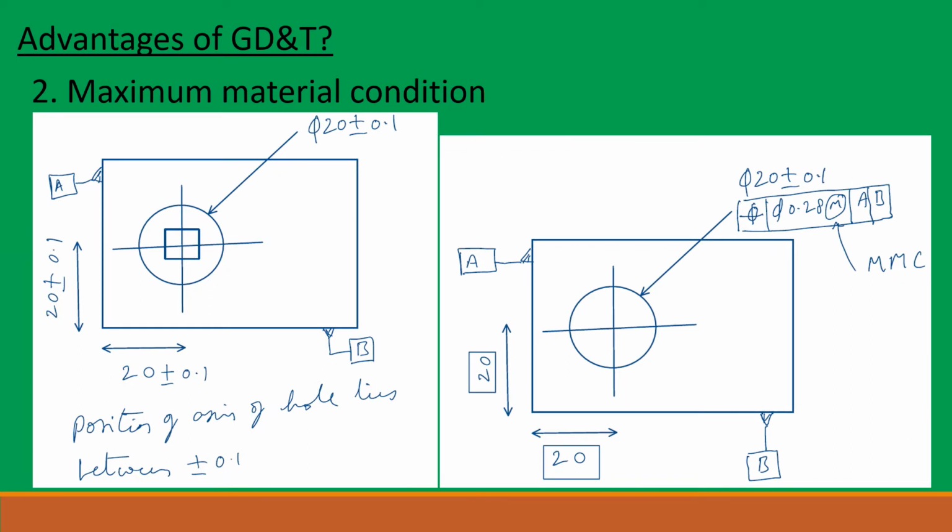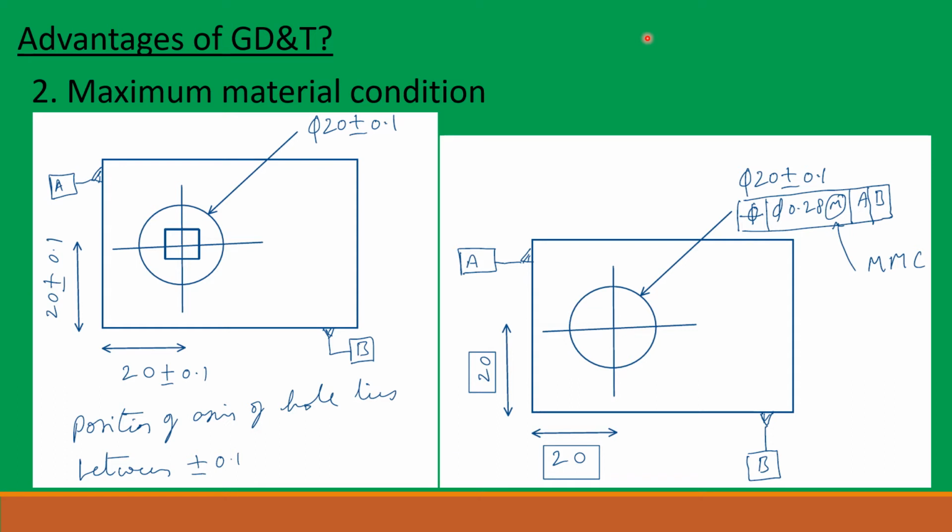The second advantage of GD&T is use of maximum material condition. Let us say, for example, this part is specified using rectangular coordinate system. It requires the center of the hole to be within 0.2 square tolerance zone, whether the hole is at its smallest size limit or its largest size limit. When the important function of the hole is assembly, the hole location is most critical when the hole is at its minimum limit of size.